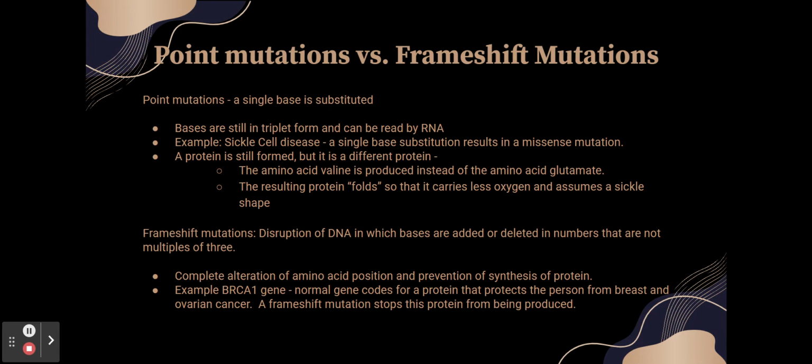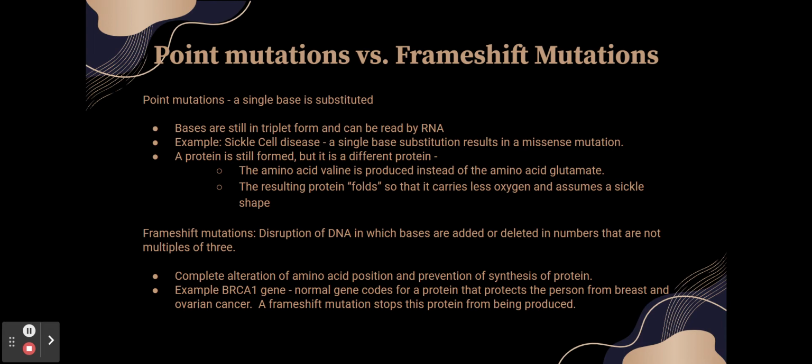So an example of a single base substitution point mutation is sickle cell disease. A single base substitution results in a missense mutation. A protein is formed, but it's a different protein. We have the amino acid valine instead of glutamate. So we have that beta globin protein in the red blood cell, but it folds differently.